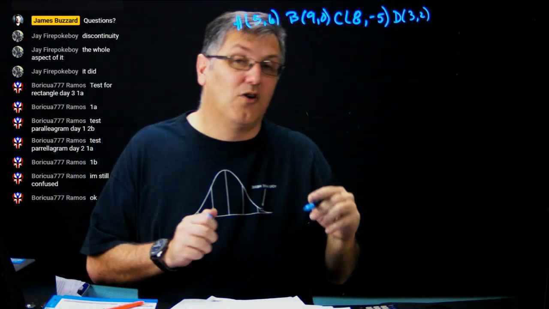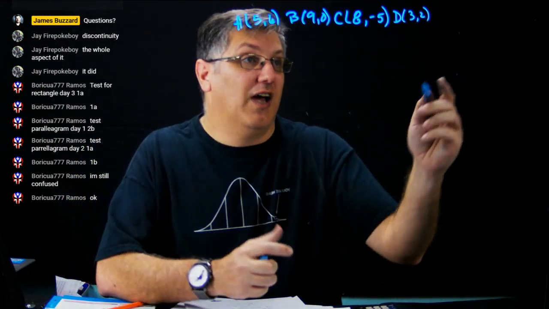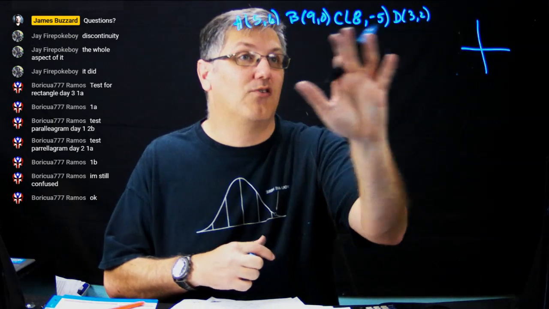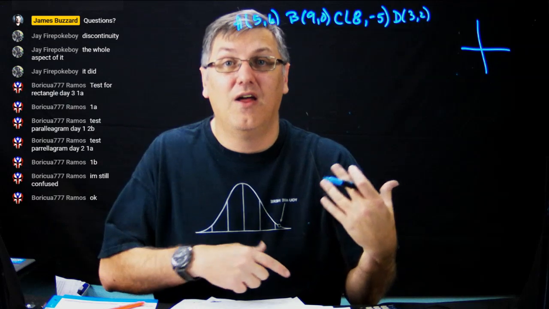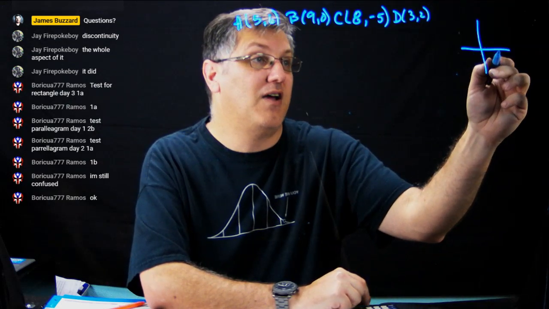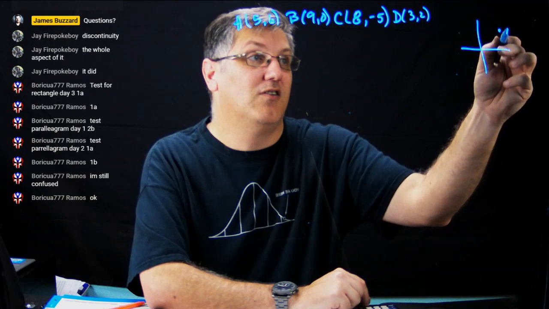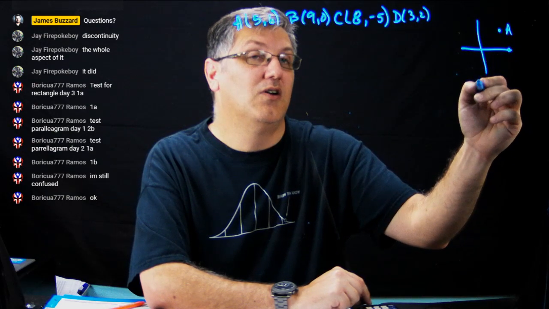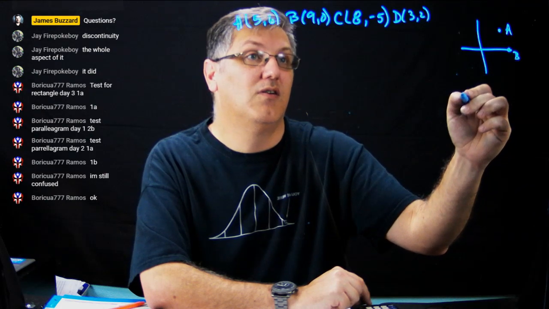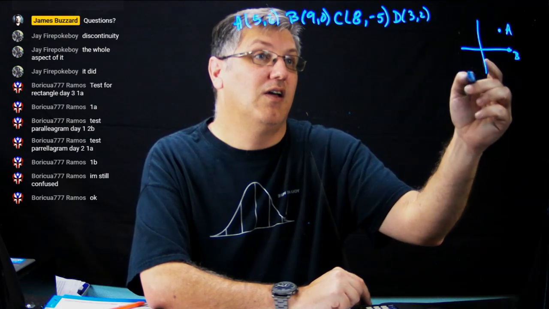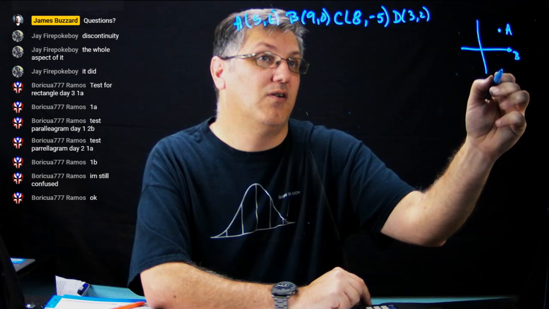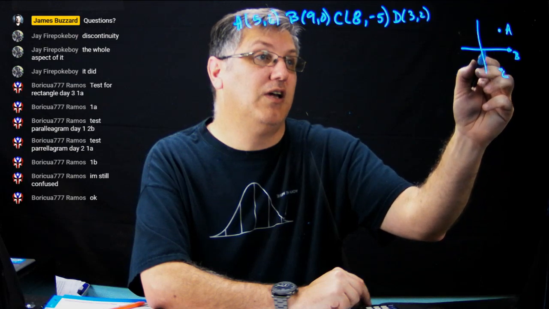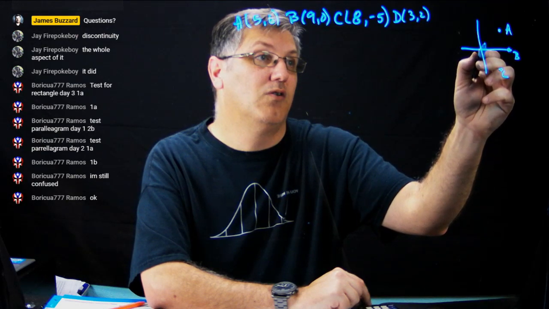So we need to do a rough sketch. Always do a rough sketch to get an idea so you get all your points in line, because when I look at this, I can't picture it in my head. So I've got 5, 6, this is A. 9, 0, this is B. 8, negative 5, this is C. And D, we have 3, 2.